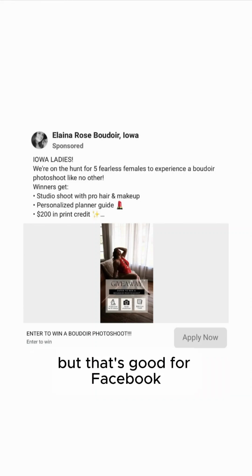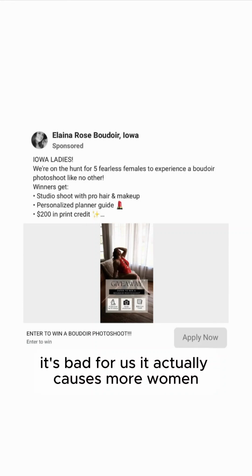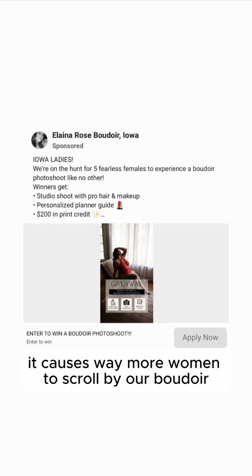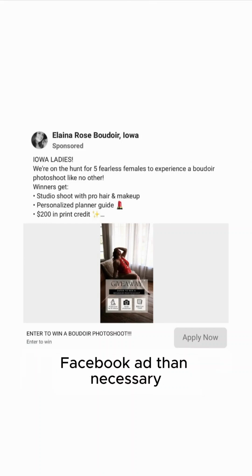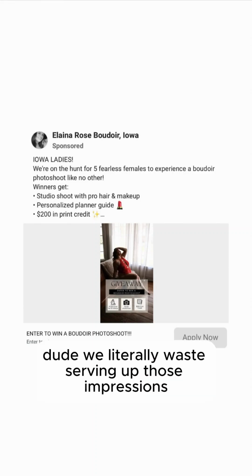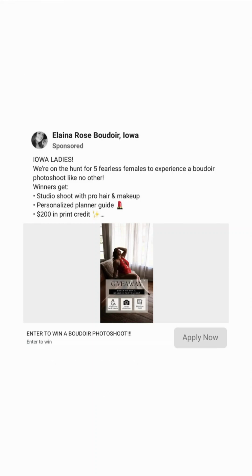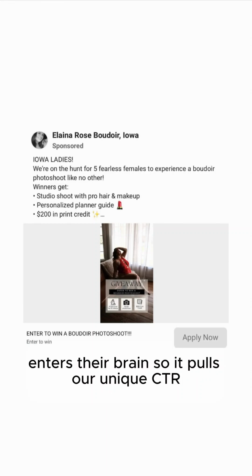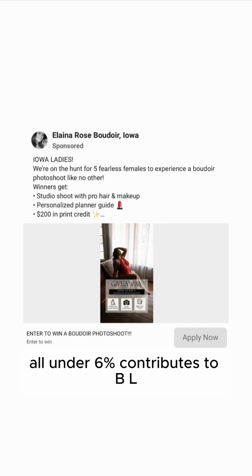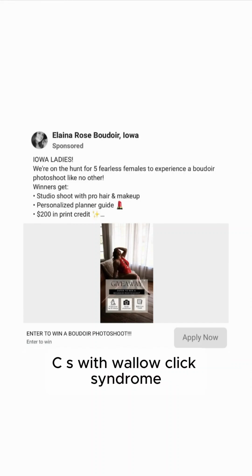But that's good for Facebook. It's bad for us. The consequence is it causes way more women to scroll by our Boudoir Facebook ad than necessary. We literally waste serving up those impressions because the women are just going to scroll on by, our ad never enters their brain. So it pulls our unique CTR under 6% and contributes to BLCS, Boudoir low click syndrome.